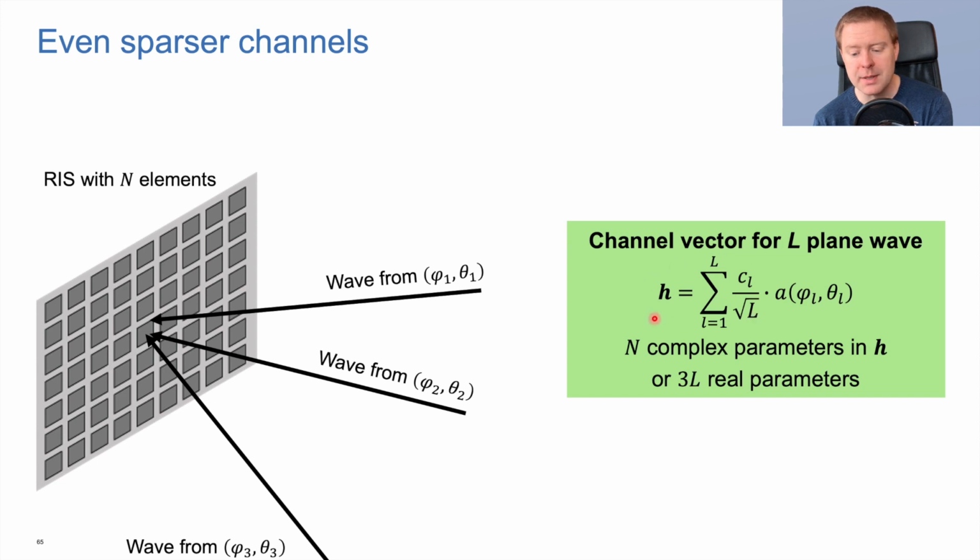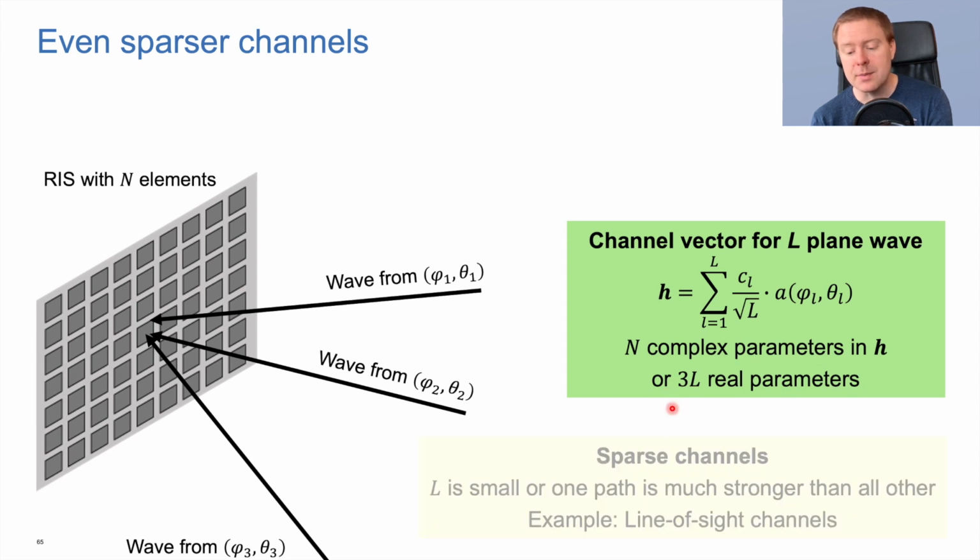And if we have n elements here, well, we have n complex parameters in H, and that can be utilized in order to characterize the vector. But if we have a small number of L plane waves here, then for each one of them we have 3 parameters, 2 angles, and 1 complex phase here. So it should say that we have 2 real and 1 complex parameter times L here.